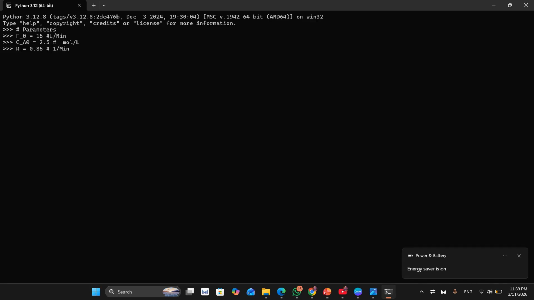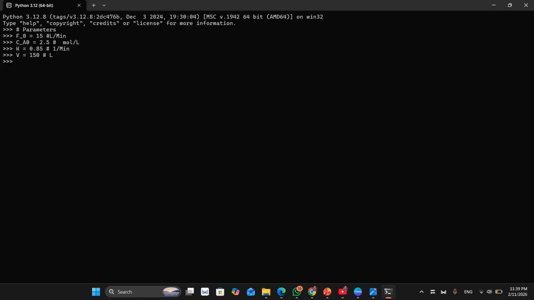I also define my volume of the reactor, which is V, equal to 150. Then I'll type liter, definitely, because it's volume. From here, I'll press enter.